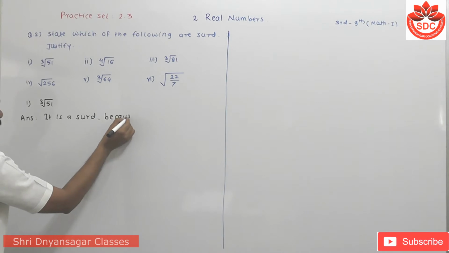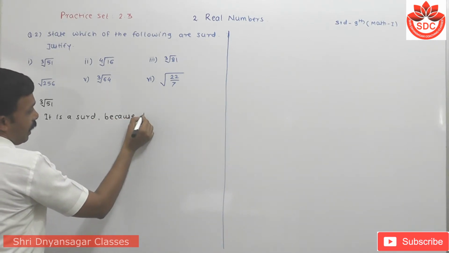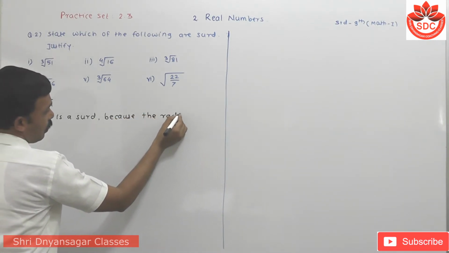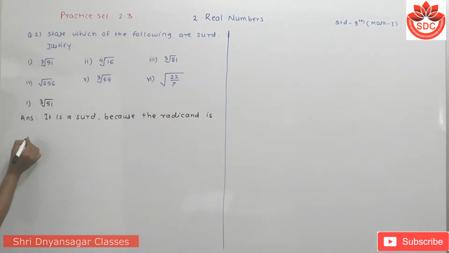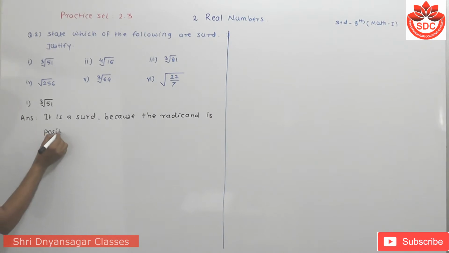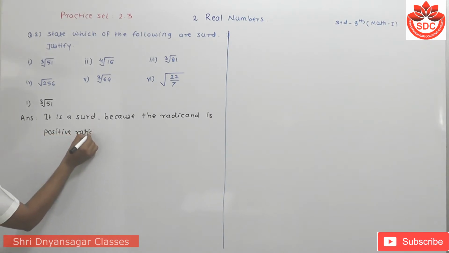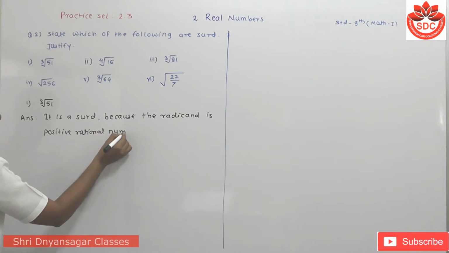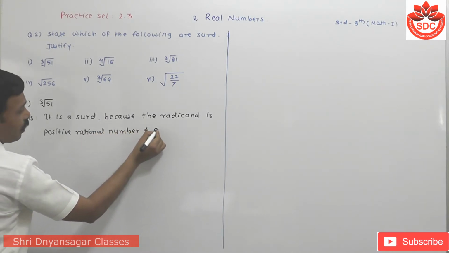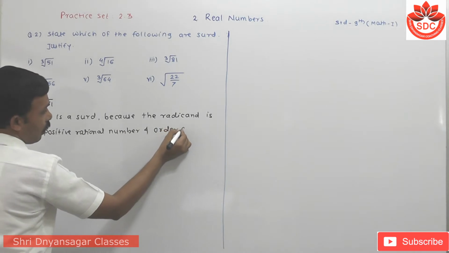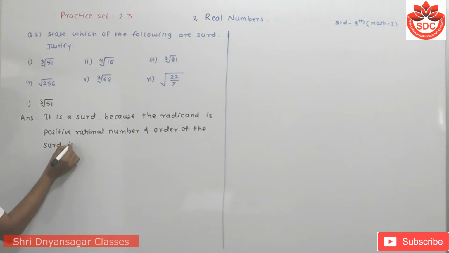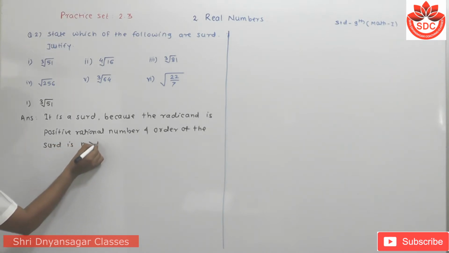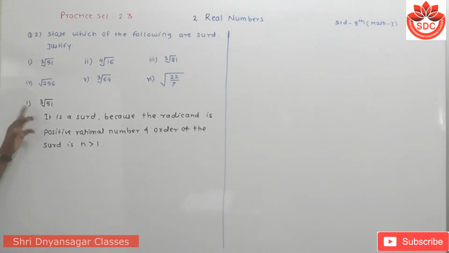Because the radicand is a positive rational number and the order of the surd is n, which is greater than 1, so it is a surd. Okay, we take the second one.